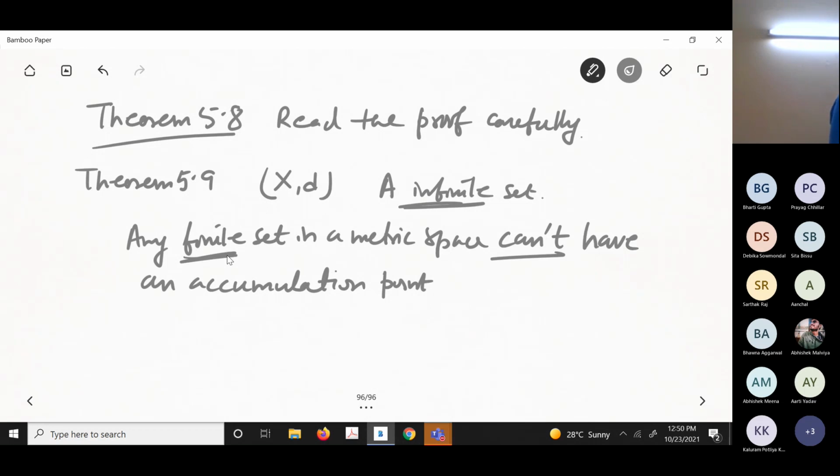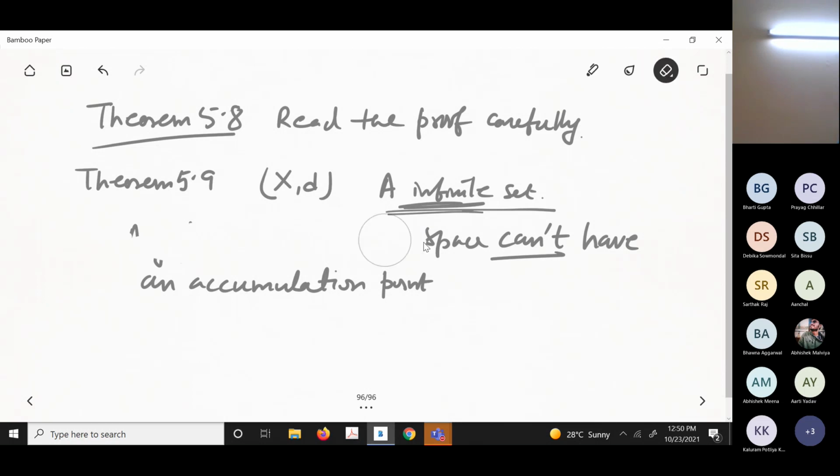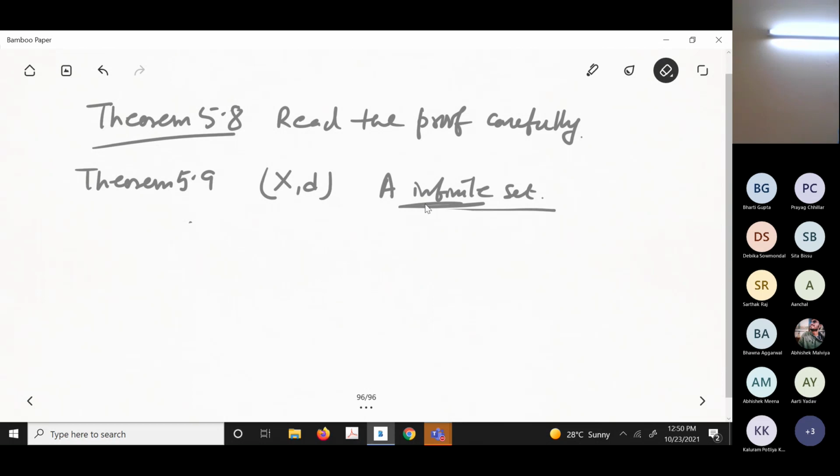Make sure of what I am saying: I have to assume that any infinite subset has an accumulation point. Of course, A is infinite. That I have to assume, because the hypothesis is this.